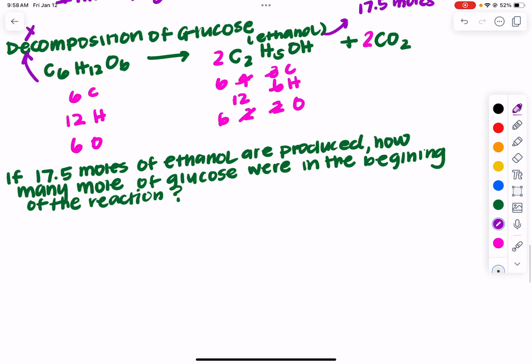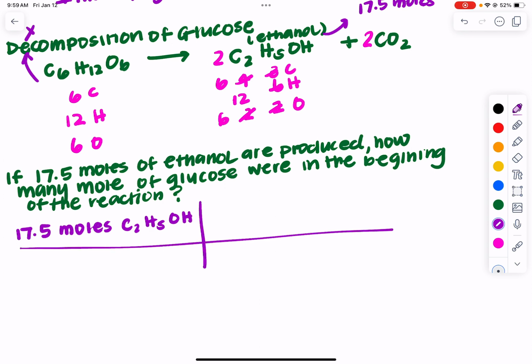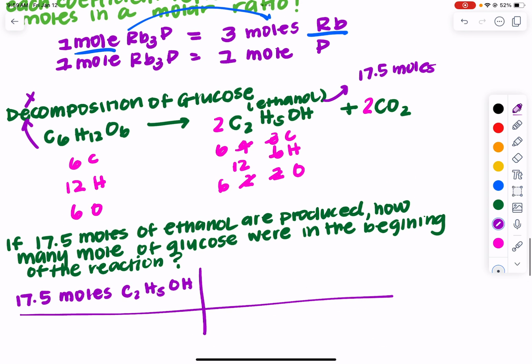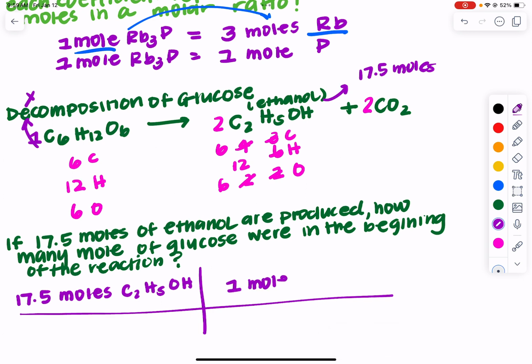And again, very simple. We're using dimensional analysis. We want to start with what we're given. So we have 17.5 moles of C2H5OH. Now, we know based on the chemical equation that 1 mole of glucose is equal to 2 moles of C2H5OH.